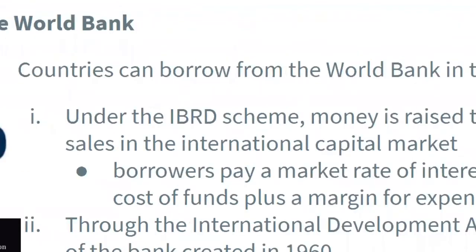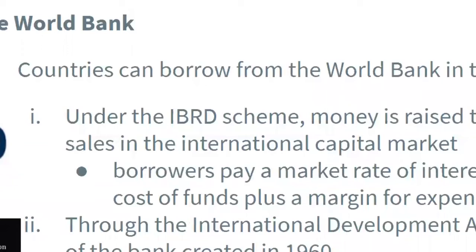The second is the World Bank. The World Bank is an institution that countries can borrow from. The countries can borrow from the World Bank in two ways.